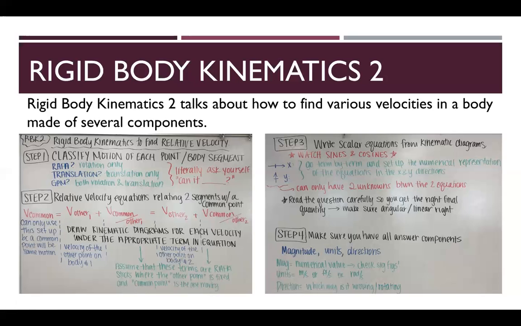Other times you'll be given some kind of angular velocity and you'll have to translate that. Usually these are known, right? The V common over other terms, with respect to the other point, those are going to be drawn as RAFA sticks, where this point on the bottom is the one that's fixed.